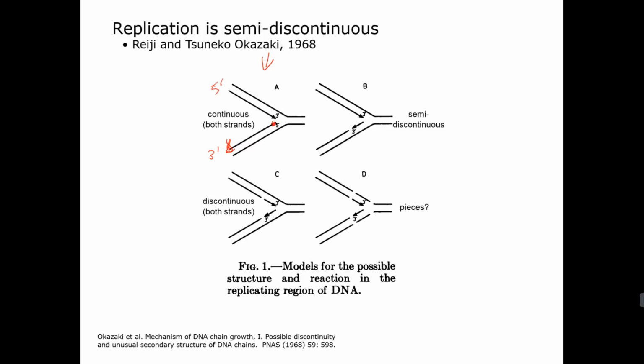But nonetheless, this prediction was somehow that both strands would be separated and would be replicated continuously. So maybe they are just totally unwound so that they are completely available for synthesis, and then they would just go in opposite directions. Another possibility was this Model B, which was the semi-discontinuous model.